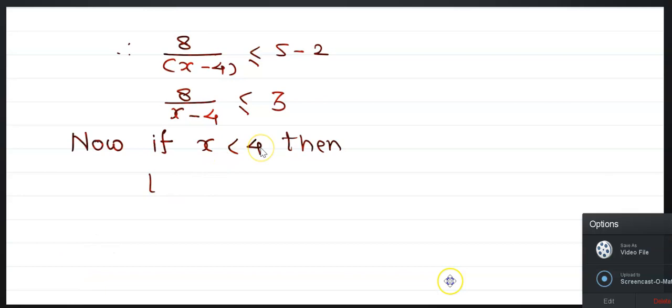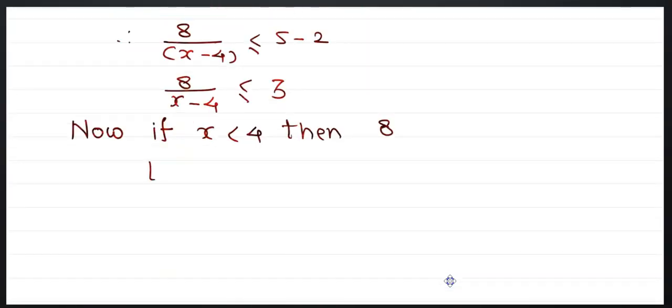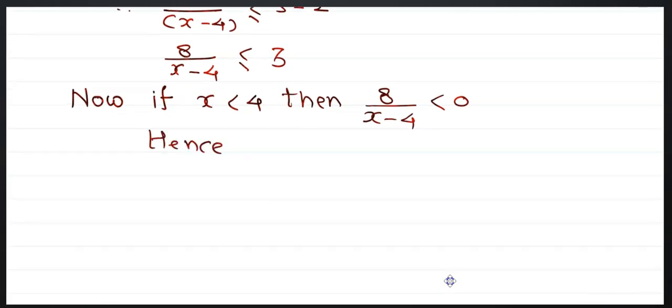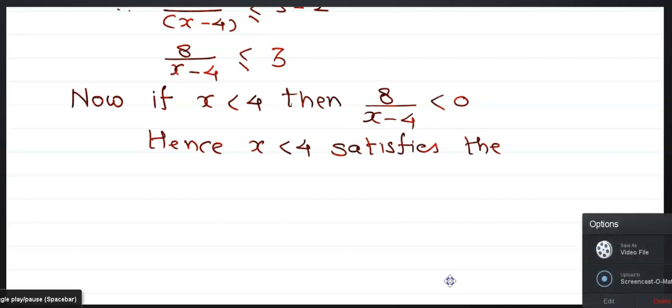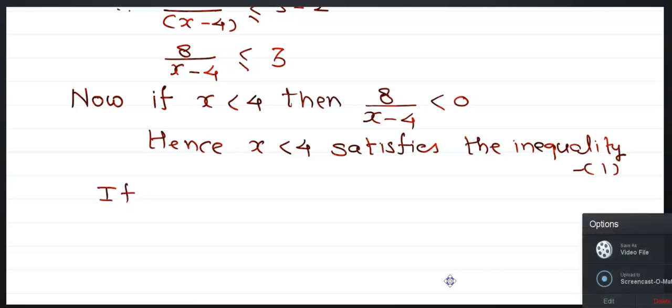If x is less than 4, then this fraction will be negative. Hence, x is less than 4 satisfies the inequality.